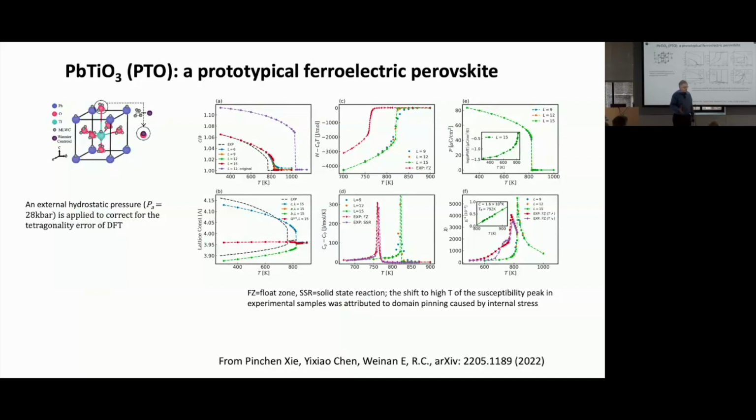It cannot be done with direct ab initio MD. In fact, we tried long ago, but at most we could do a 3 by 3 by 3, and with a 3 by 3 by 3, the finite size effects are so large that you get only a hint of what may be going on, but not all these detailed results that we get here.